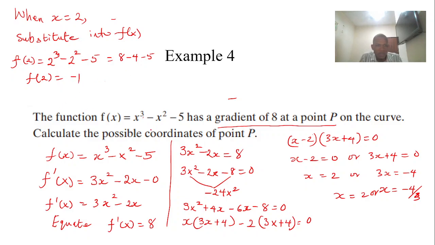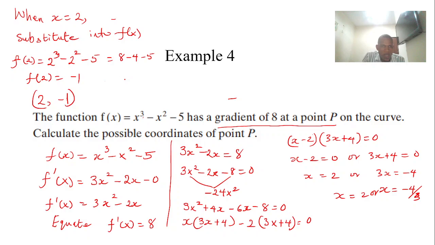So when x is 2, the value of y is negative 1. My first possible coordinate of P, x must come first, is 2 comma negative 1. This is the first possible coordinate of P.